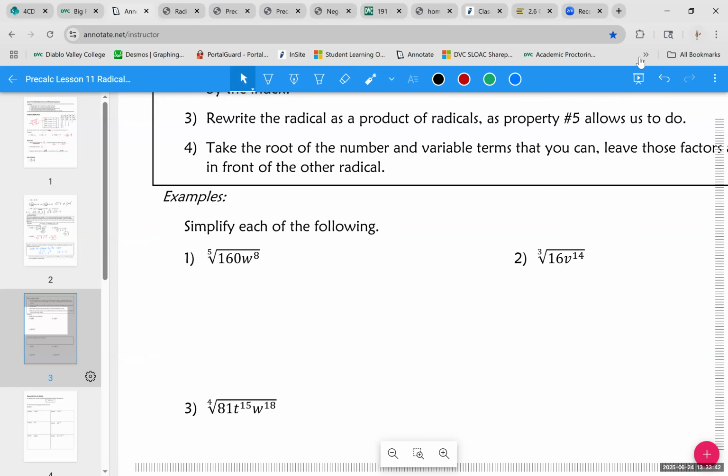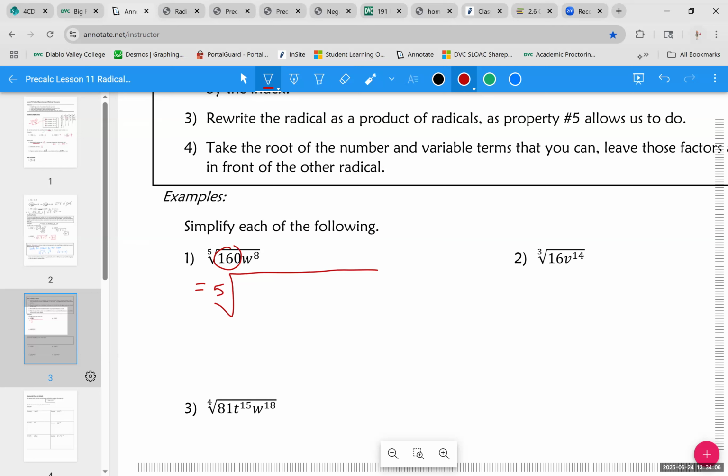So let's take a look at an example. So first of all, I have a 5th root, and I have 160 as my number. Well, 160 is not a perfect 5th if you're looking at a chart of numbers. But if I'm looking down a chart of numbers, I will see that 32 is a perfect 5th, and 32 goes into 160.